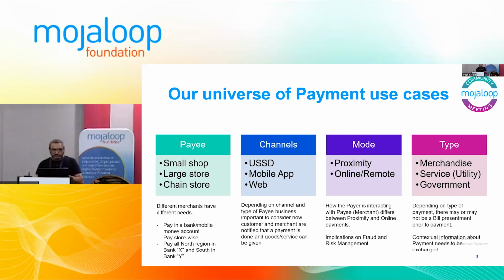And then I talked about the modes. If you're doing a payment in a proximity mode versus an online payment, the implications around fraud and risk management change. And then the type of payments, whether it's a merchant giving some merchandise, a service or utility, or a government entity being paid.